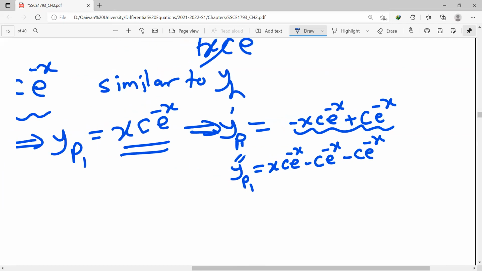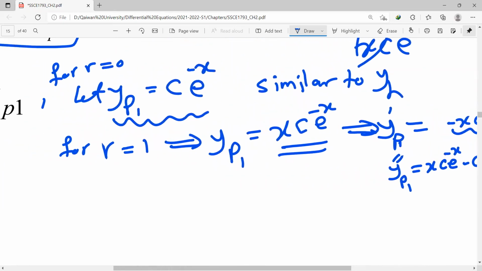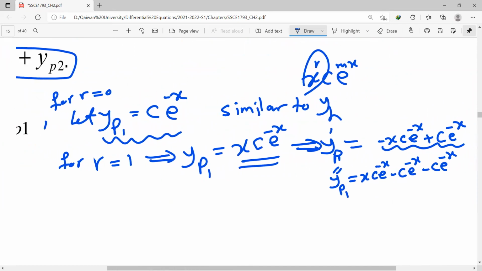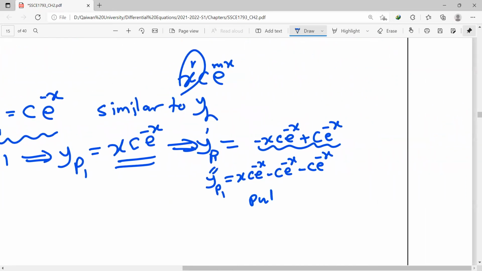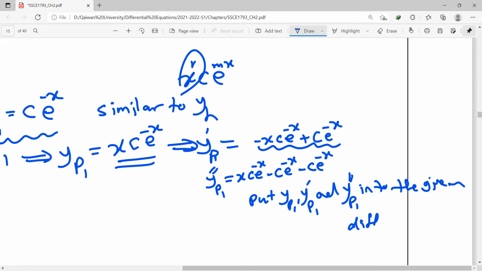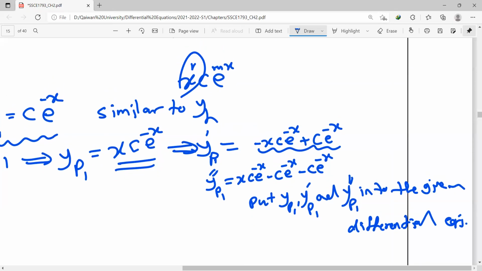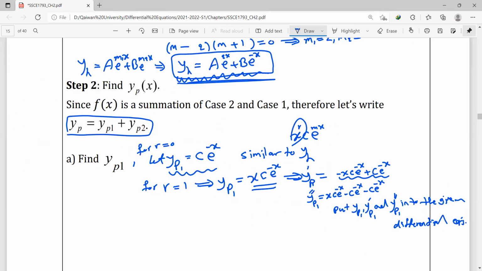Then we put yp1, yp1 prime, and yp1 double prime into the given differential equation. Okay, now what do we get?